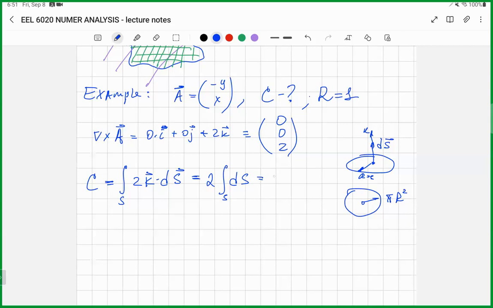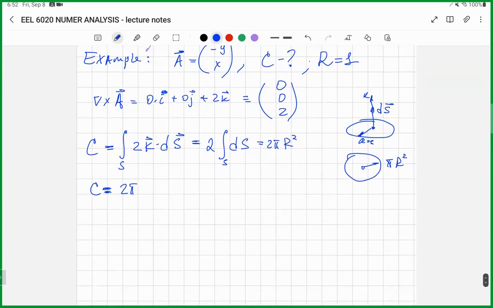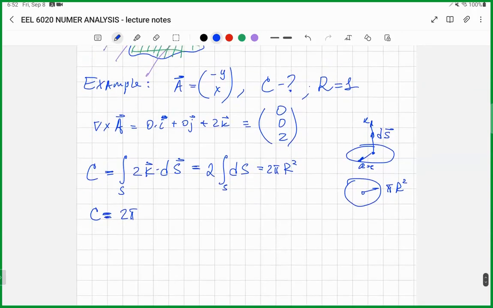So it's going to be 2 pi r squared, and if r is equal to 1, the circulation is equal to 2 pi. This is the answer. So it's pretty easy to calculate in this particular case.